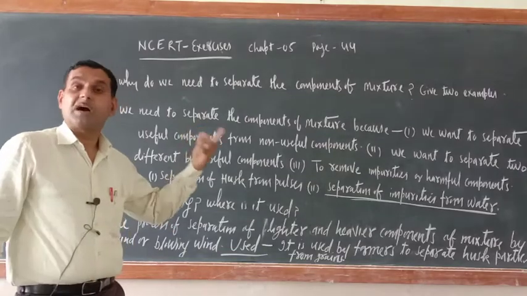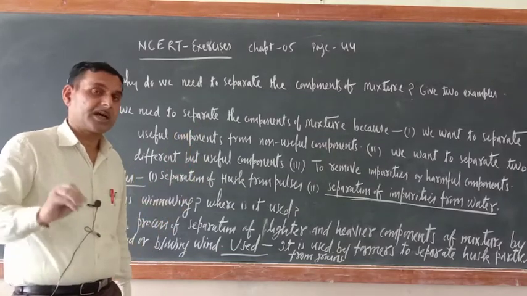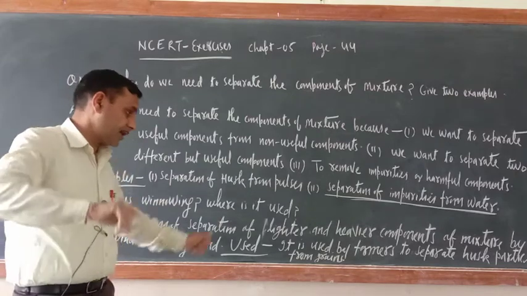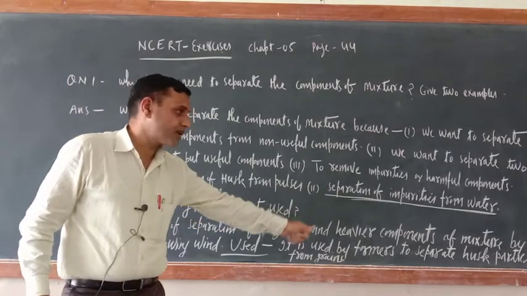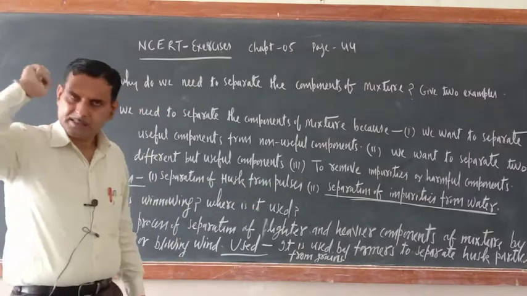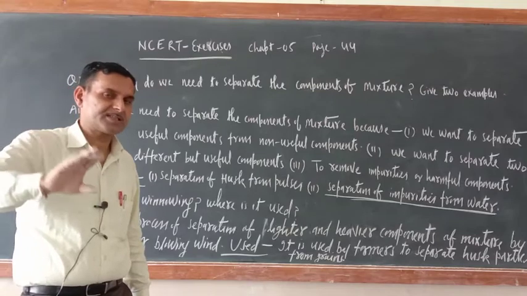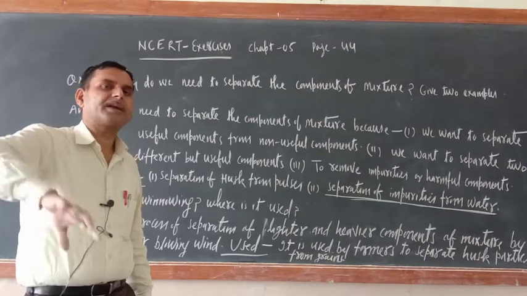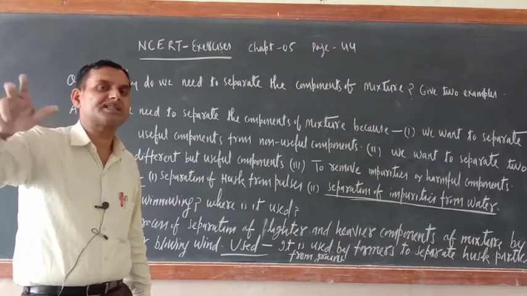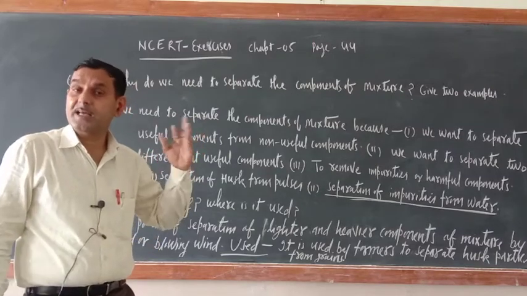So where is it used? Very simple. Farmers use this in their fields. It is used by farmers to separate husk particles from grains. Just see, grains are present in the stalk, and some unwanted things are associated with the seeds. But those unwanted things are lighter.